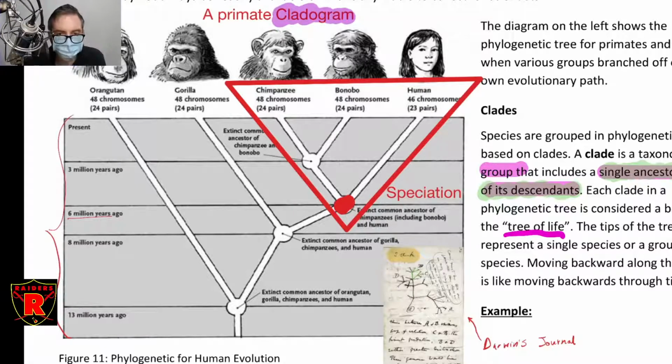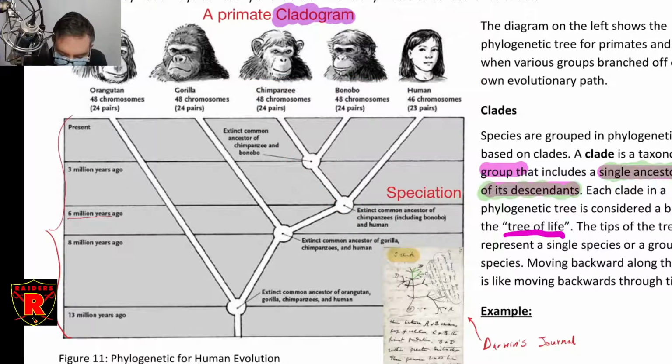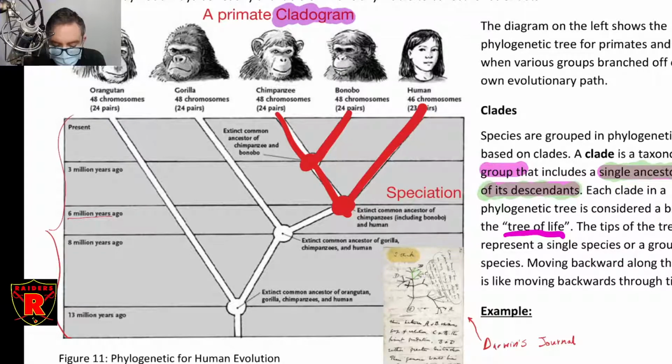So we can use the study of clades to figure out how closely related we are to another species. So if we look here at this diagram, we are related to bonobos and chimps at the same level. We have the same level of relatedness to bonobos and chimps. So bonobos and chimps have a common ancestor, and we have a single common ancestor for bonobos and chimps.